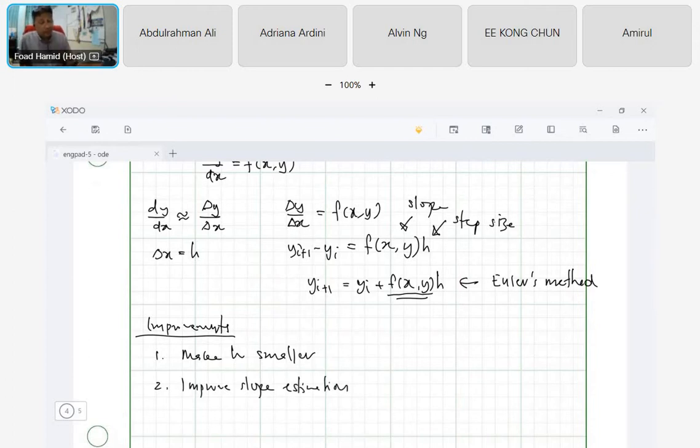And I think we talked about this. We started with Euler's method, and we try to improve Euler's method. And what we found is that for slope estimation, we have the midpoint method.